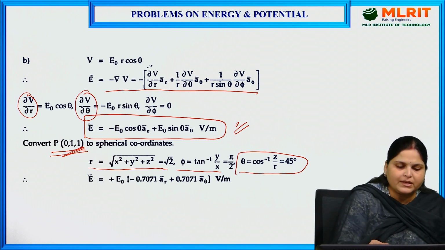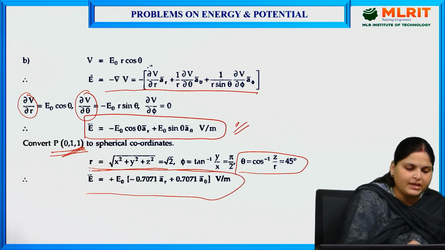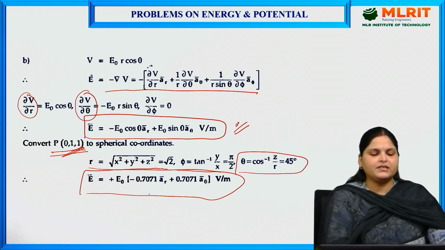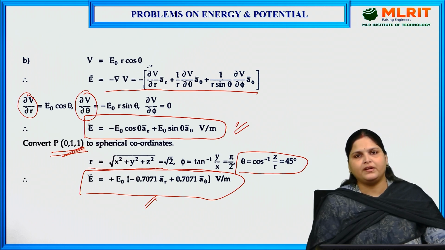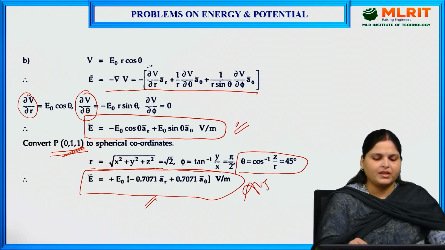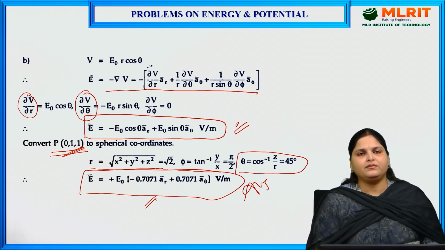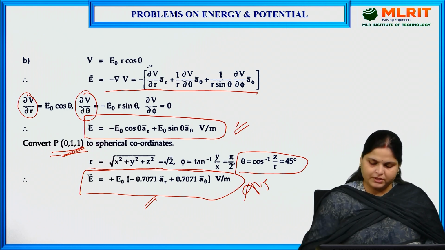Whatever is required, for example theta, we can put in this formula and get the equation of E as E naught into minus 0.7071 AR plus 0.7071 A theta volt per meter. This is the answer to the second part of the question. So this was the first problem.